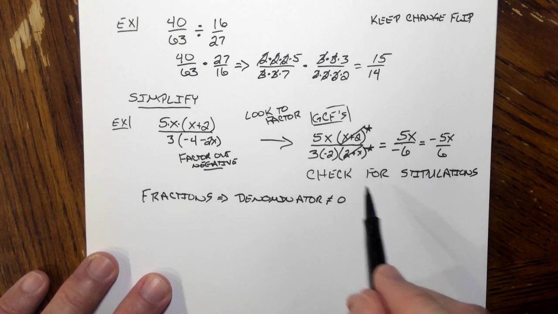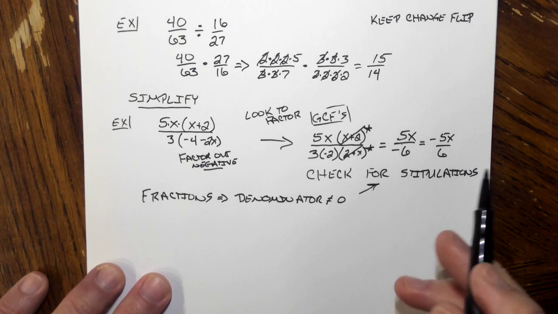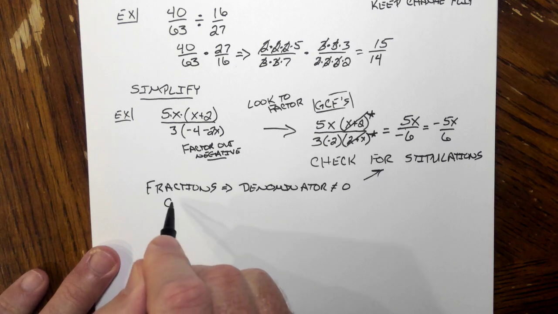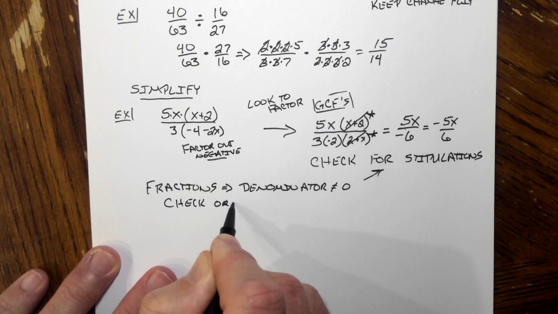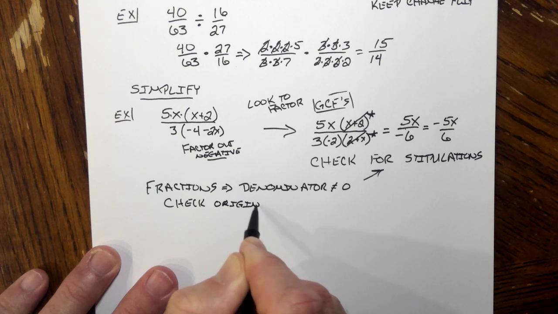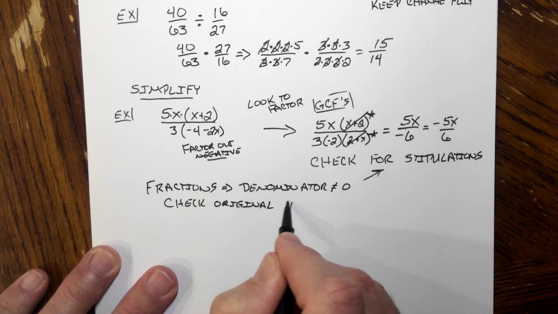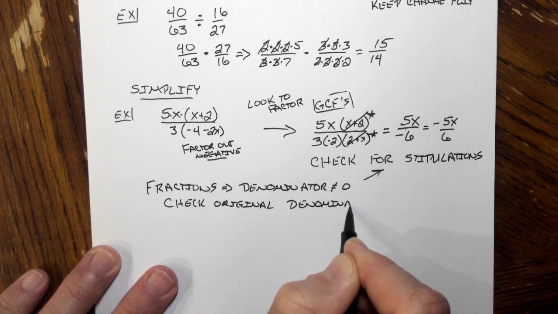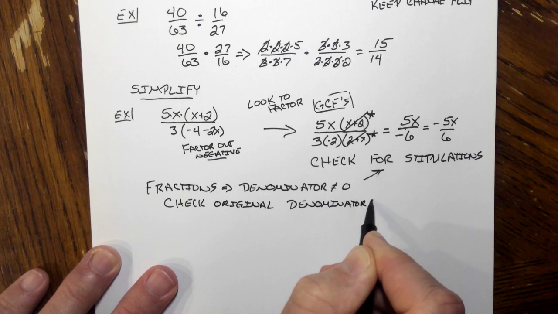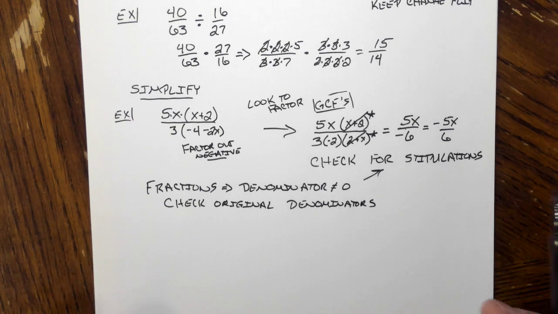So when we check for stipulations, we check the original denominators, plural. Check them all. Sometimes some people do this in the beginning. That's your call.